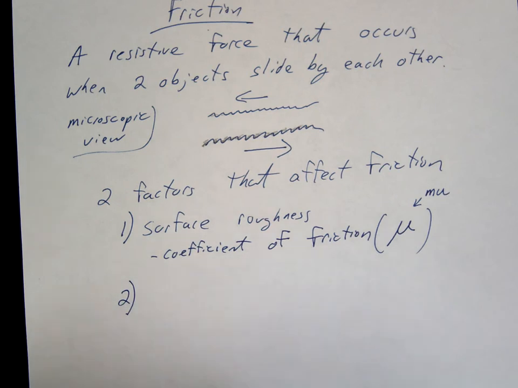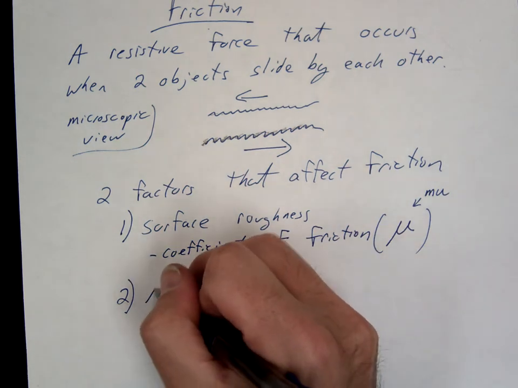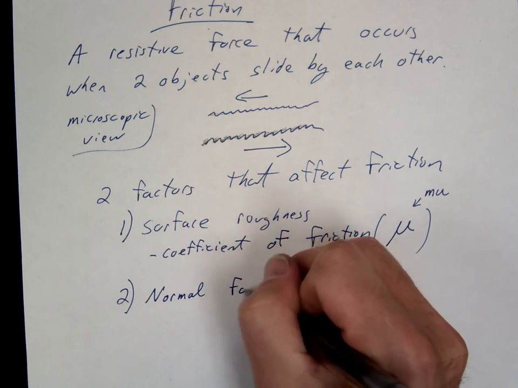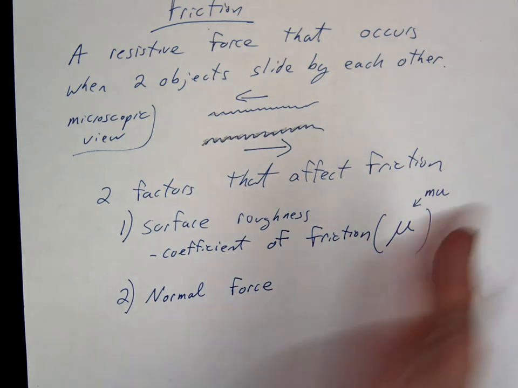There are two. Yeah, it can be the normal force. Okay, good. So let's call this, specifically, the normal force. And you guys remember what I defined the normal force was? It's perpendicular. It comes from the surface.